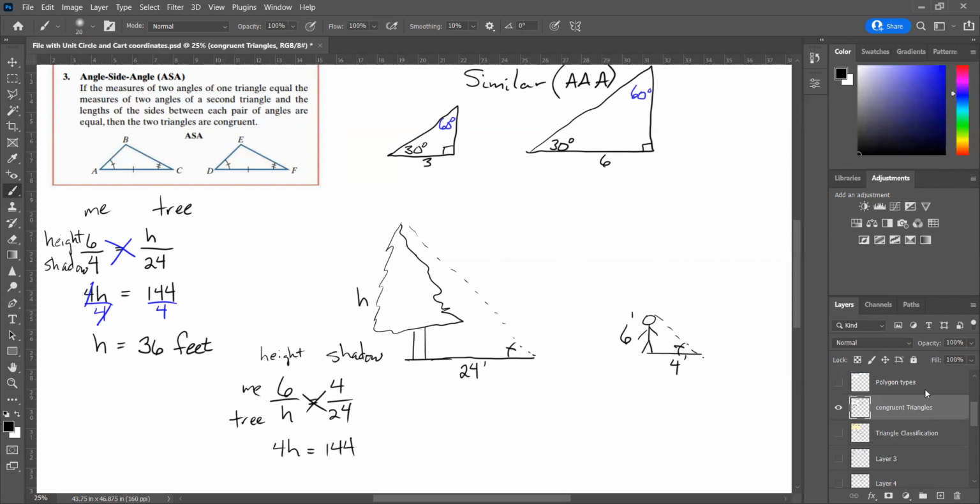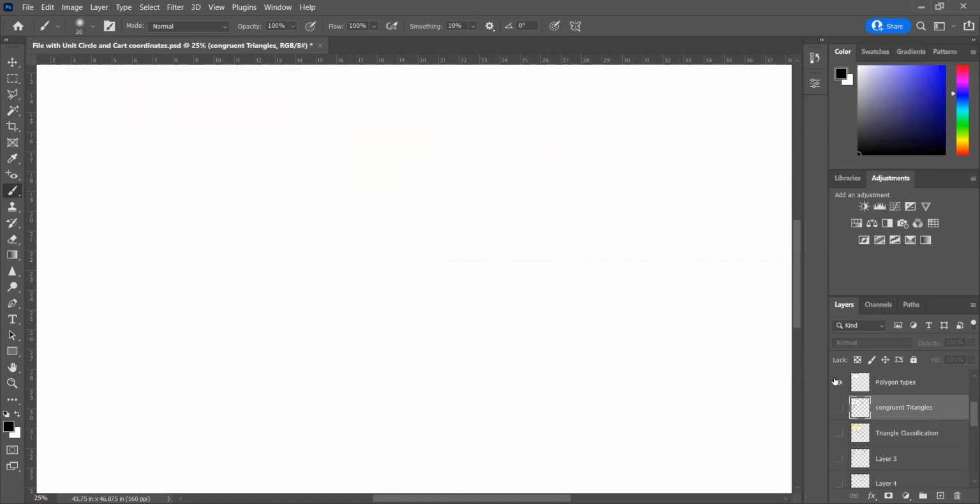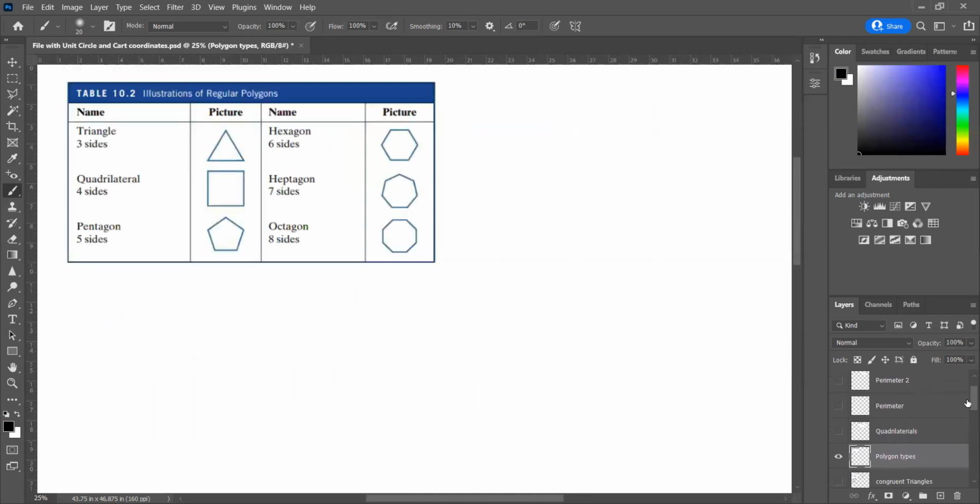So let's take a look now at 10.3, where we're talking about polygons. And we've got several types of polygons, but they're named by their sides. Now, a polygon is a closed shape made of straight sides. Closed meaning the sides are all meeting.